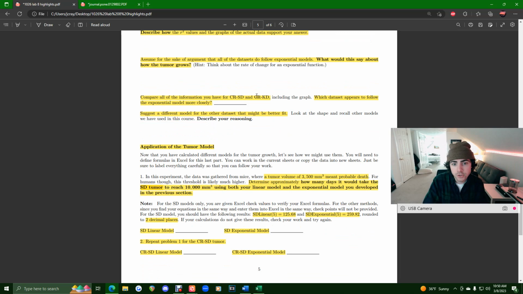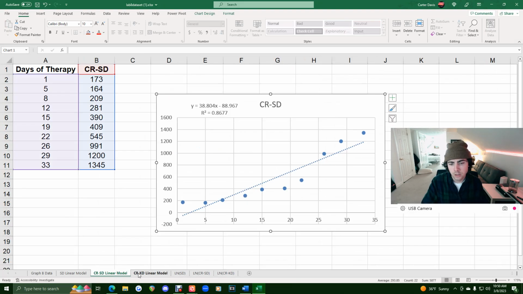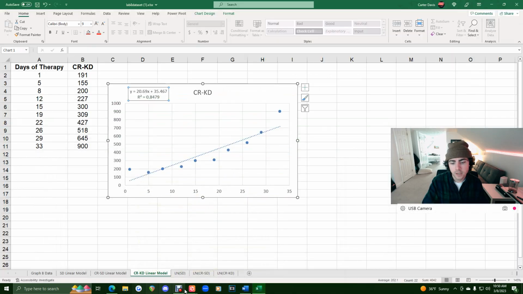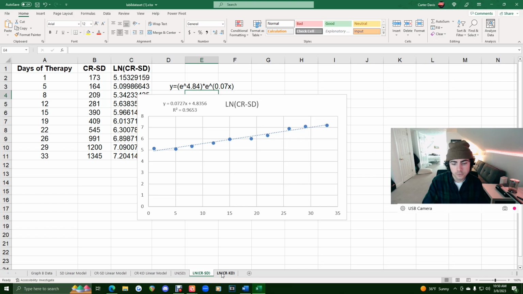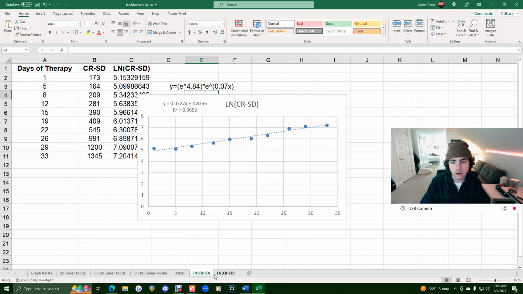Compare all the information you have for CRSD and CRKD, including the graph. Which data set appears to follow the exponential model more closely? So now comparing CRSD, CRKD. Okay, well, to follow the exponential model, I would just look at these two, ln of CRSD and CRKD, and pick the one with the higher r-squared value.